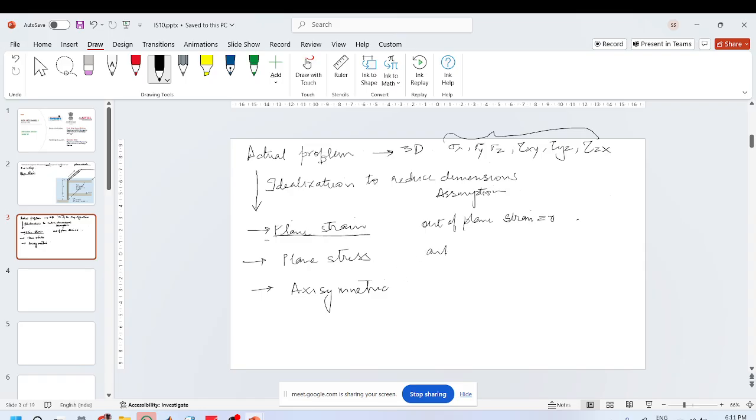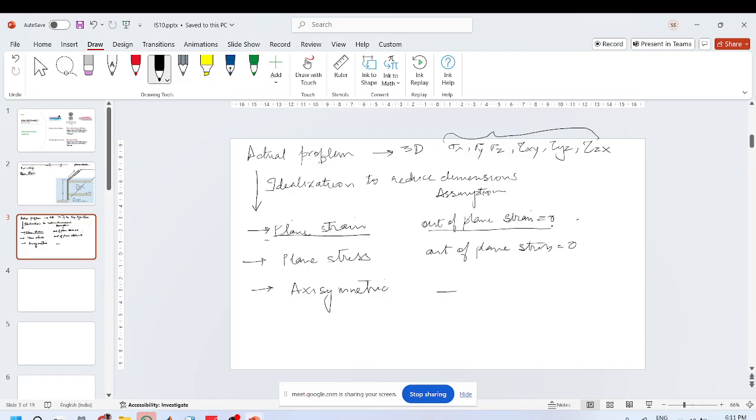Here we assume out of plane stress equals 0. I will show it in a diagram.